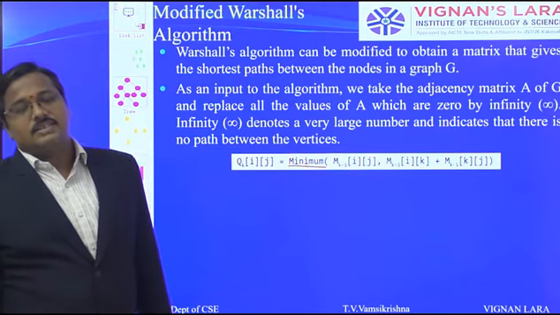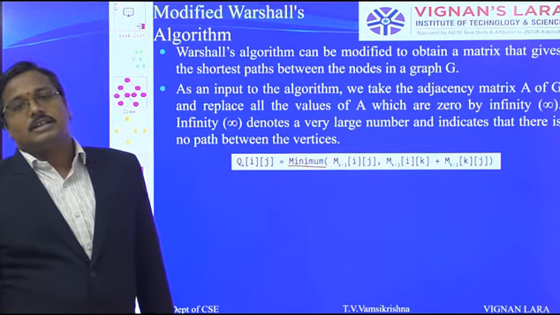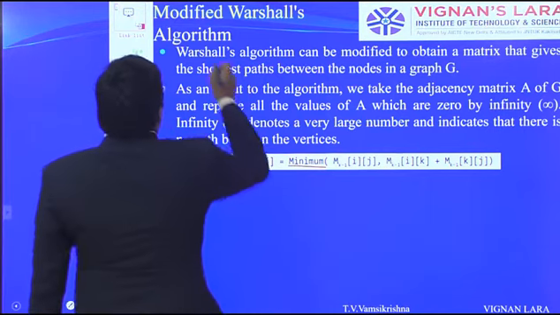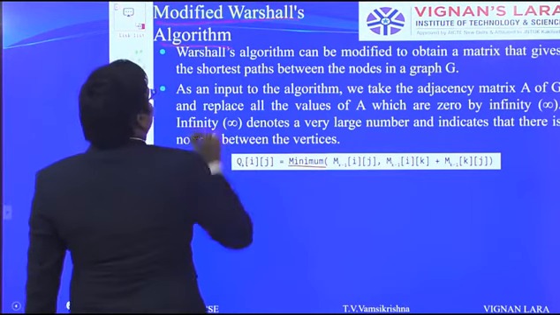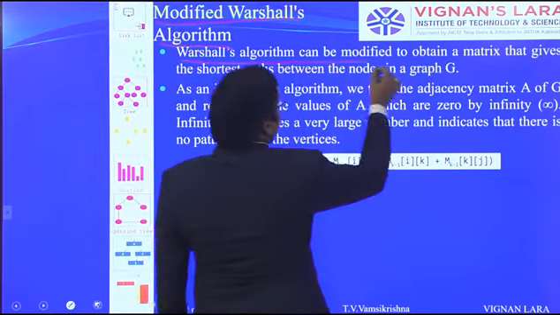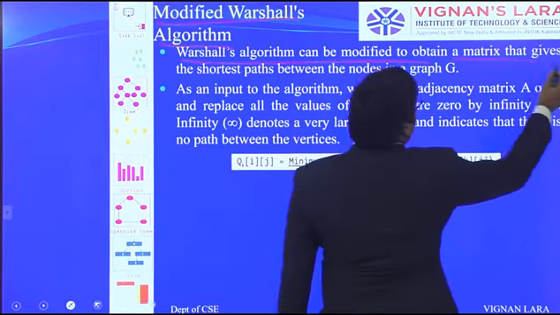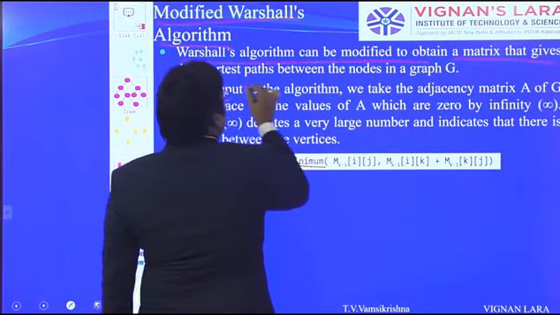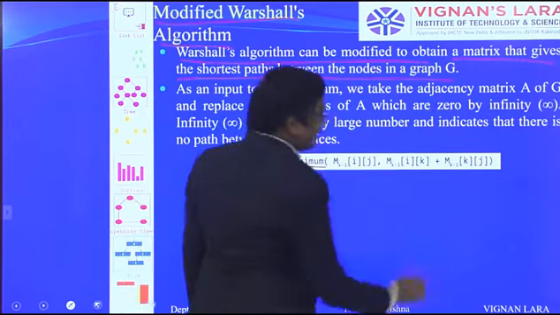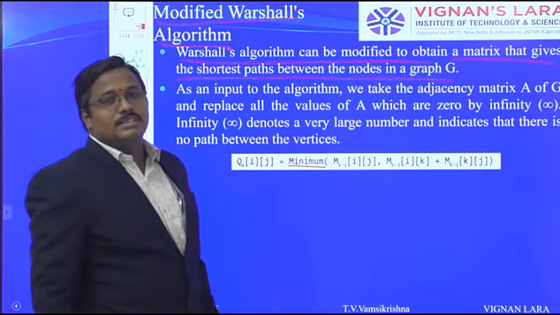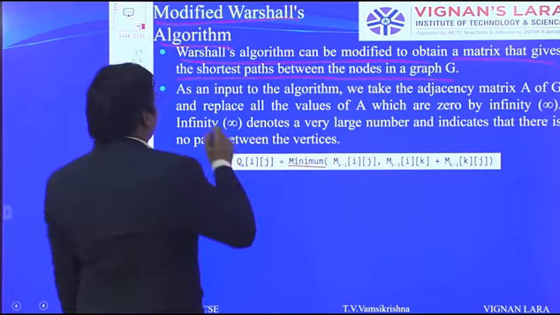So today we are discussing the all pair shortest path algorithm. The modified Warshall's algorithm means Warshall's algorithm can be modified to obtain a matrix that gives the shortest path between the nodes in a graph G.